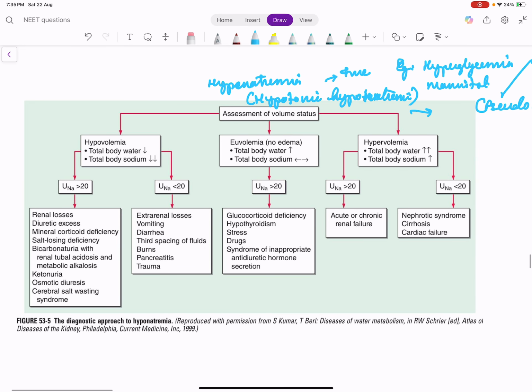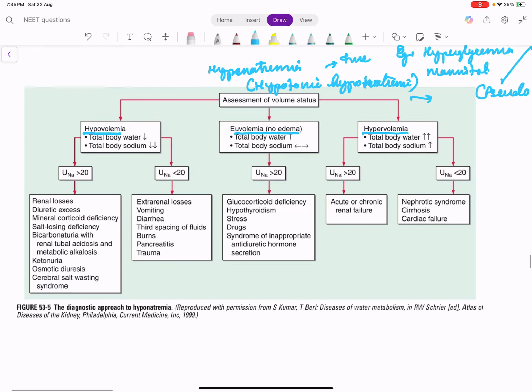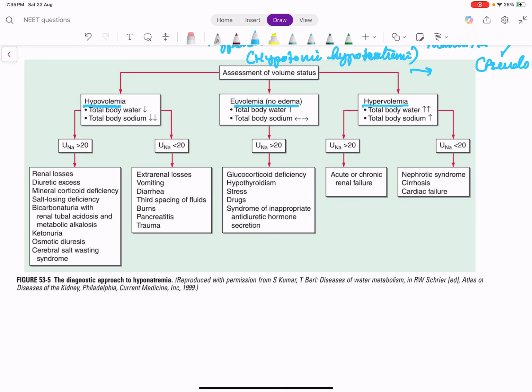Always in hyponatremia, look at the volume status. So hyponatremia can be classified as hypovolemic hyponatremia, euvolemic hyponatremia, and hypervolemic hyponatremia. Hypovolemic hyponatremia is easy to remember because the patient is hypovolemic.